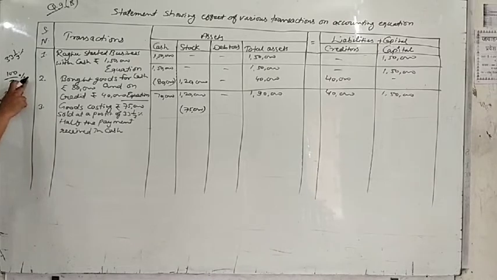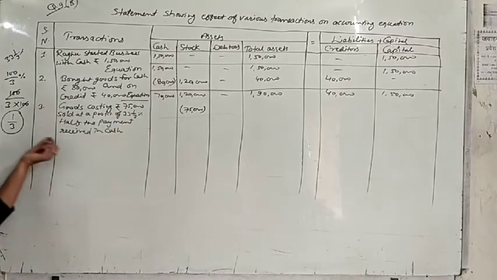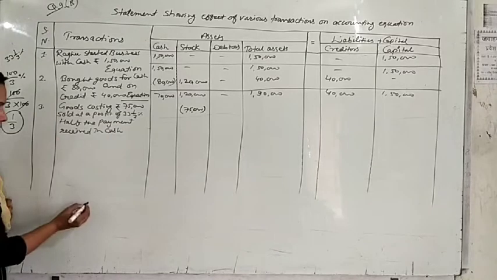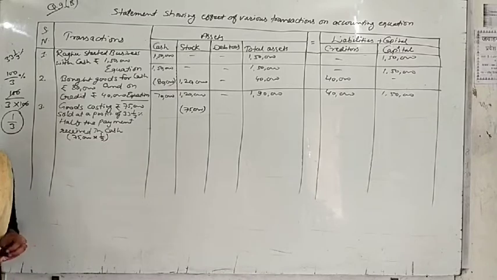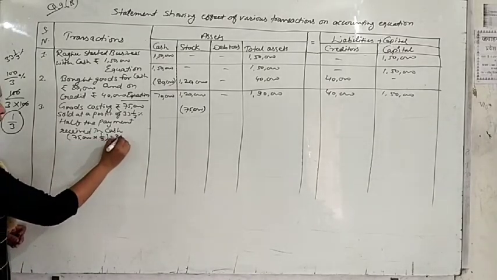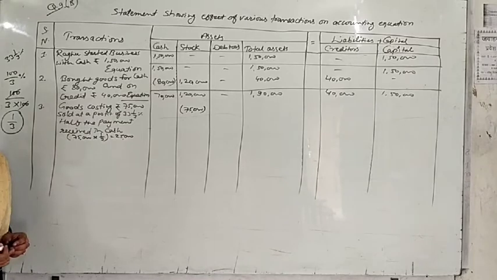Now for removing percent, we divide the fraction by 100, that is 100 upon 3 multiplied by 100. So 100 cancels, it will be 1/3. The meaning of 33 1/3% is 1/3 part. So 75,000 rupees multiplied by 1/3 will be 25,000 rupees, your profit.